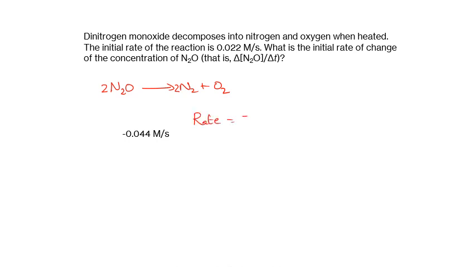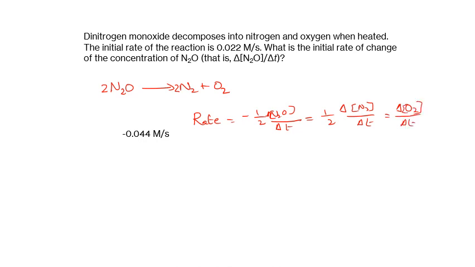Rate equals negative 1 over 2 change in concentration of N2O divided by change in time, that equals 1 over 2 change in concentration of N2 divided by change in time, that equals change in concentration of O2 divided by change in time.